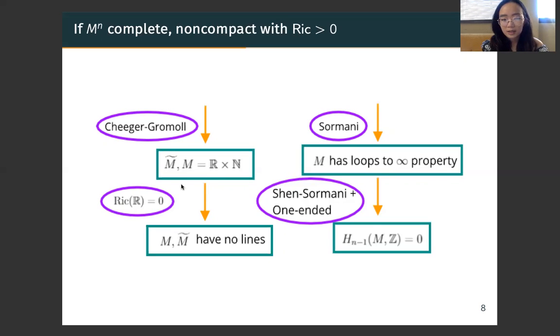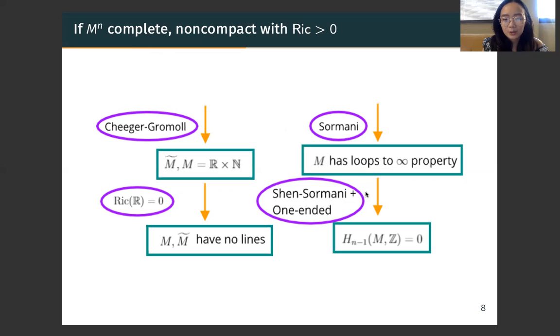However, the R part of the R cross N is Ricci flat, meaning Ricci partial R is 0. So that's a contradiction because we assumed that Ricci was positive everywhere. So that means that M and M tilde must have no lines. Okay, so now by Sormani's line theorem, M has the loops to infinity property.